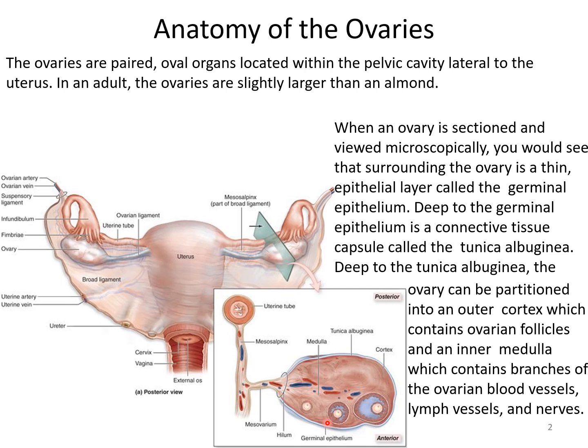Deep to the tunica albuginea, the ovary is partitioned into the cortex and the medulla, where the cortex has the ovarian follicles. So all of this area would be the cortex, and then the medulla, as usual, has some blood vessels, lymphatic vessels, and then nerves.